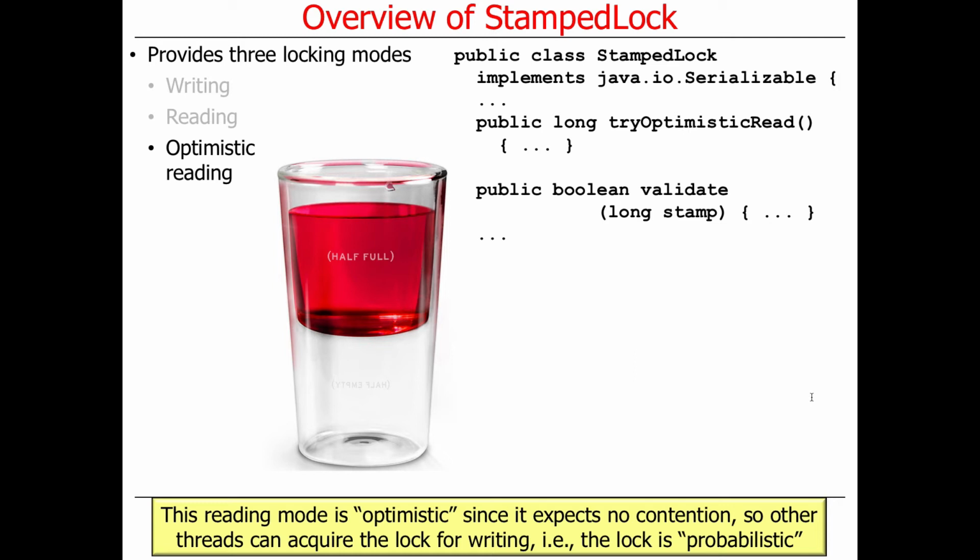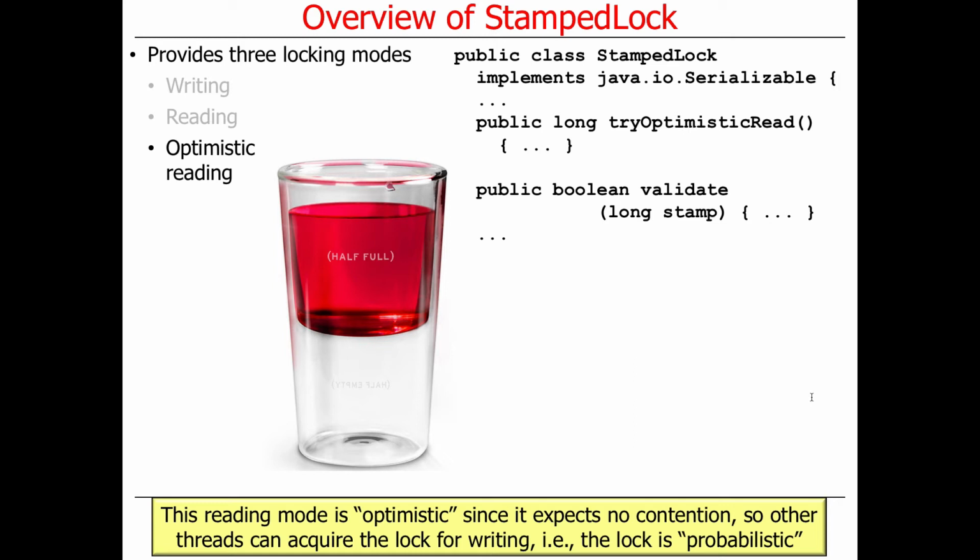Here's where things get really interesting. This is what's called optimistic reading. So, if writing was pessimistic, glass half empty, right? Optimistic reading is glass half full. And I always thought this was a rather clever imagery, the glass half full.